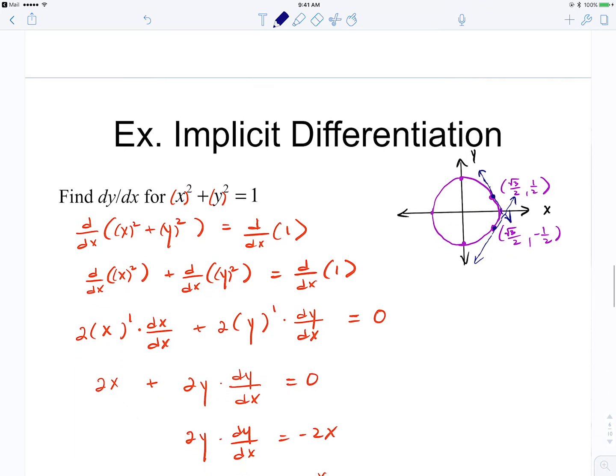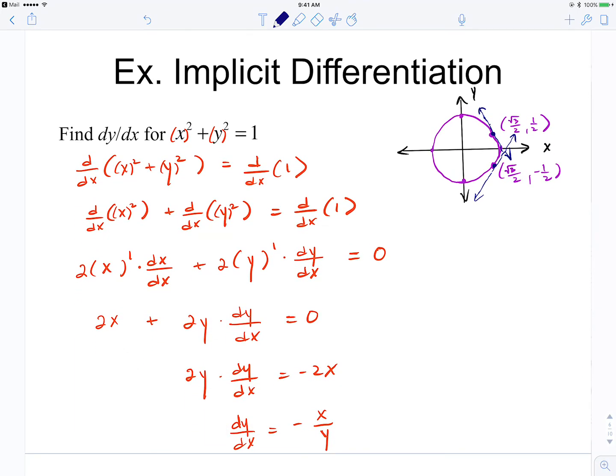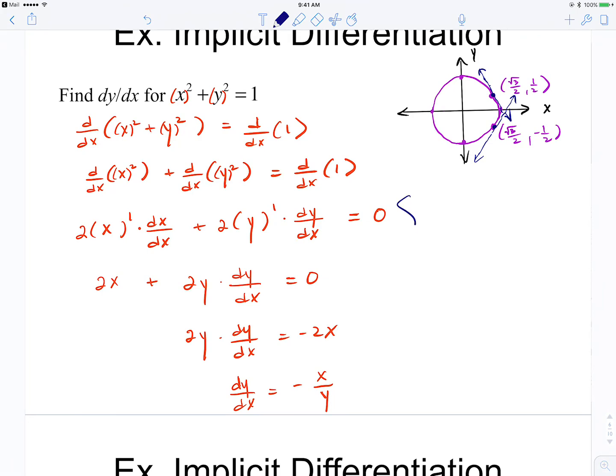So if we wanted to find, for example, the equation of the tangent line at root 3 over 2 comma 1/2, we need the slope, right? So the slope of the tangent line would be equal to the derivative evaluated at root 3 over 2 comma 1/2. That's the notation we're using to show that we're evaluating dy over dx at that point.